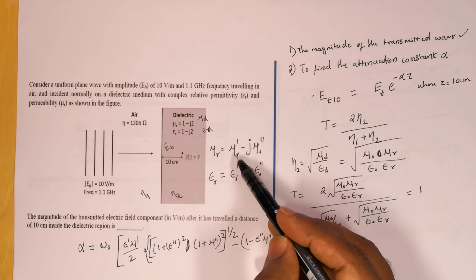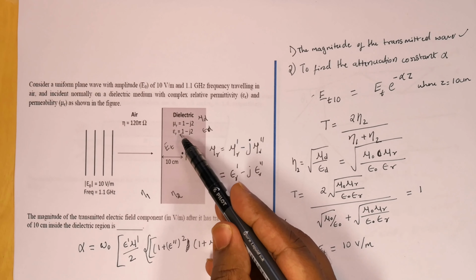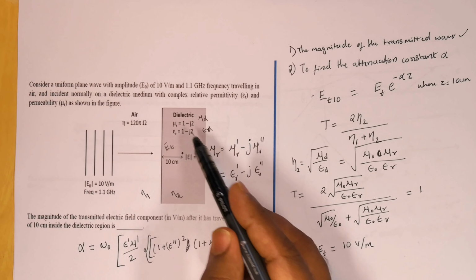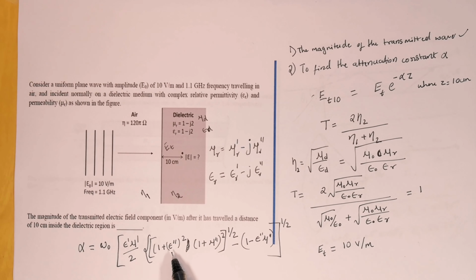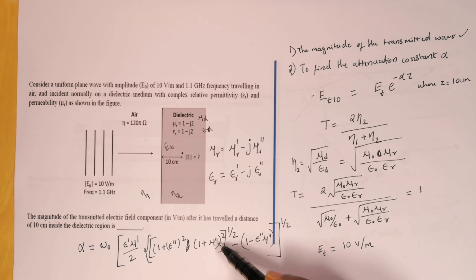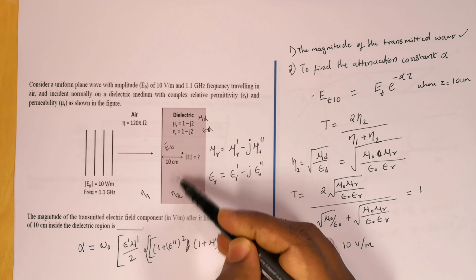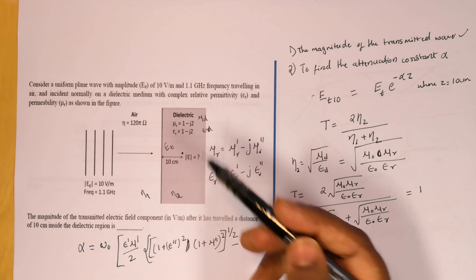Epsilon dash is the real part of your permittivity, mu dash is the real part of your permeability, epsilon double dash is the imaginary part of your permittivity, and mu double dash is the imaginary part of the permeability.